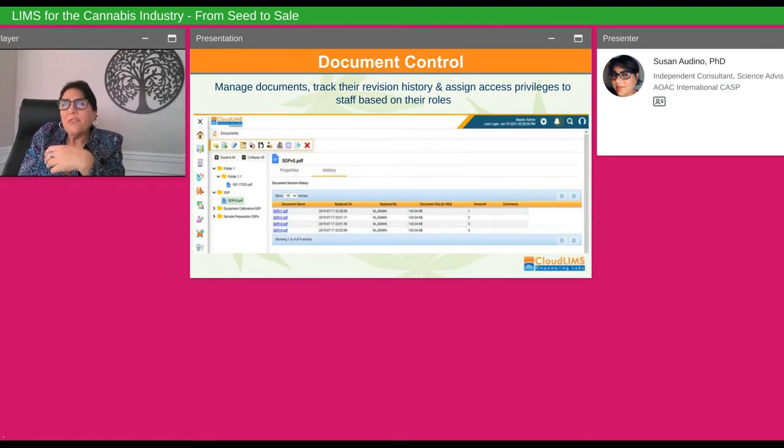So having access to the maintenance requirements for the ICP really is not necessary for that person. So this gives us an opportunity to make available the documents that people need to perform their jobs.